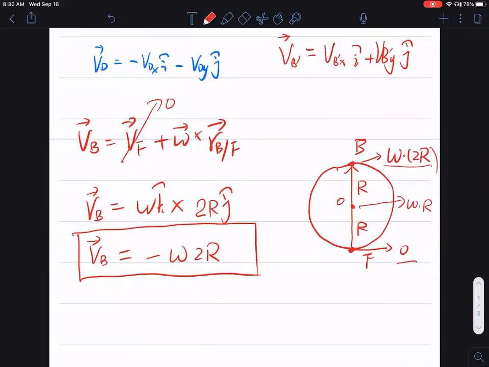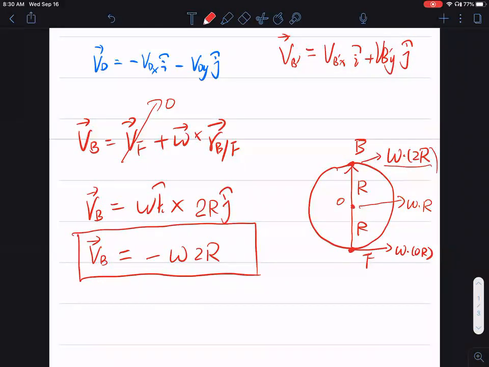Instead of writing 0, I can write omega times 0r. Everybody's following me? At the contact point, the distance from the contact point to itself is 0, so the velocity of that point is omega times 0r.